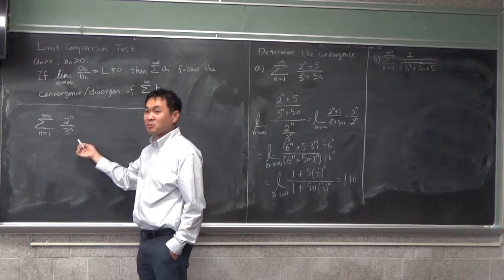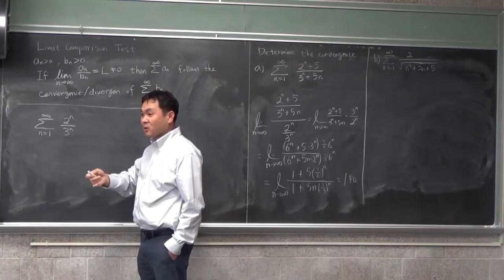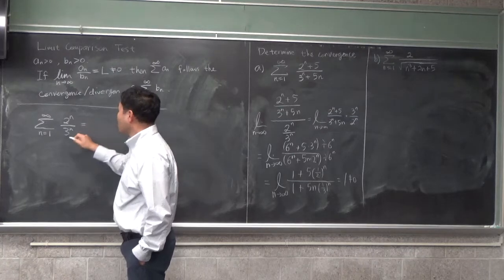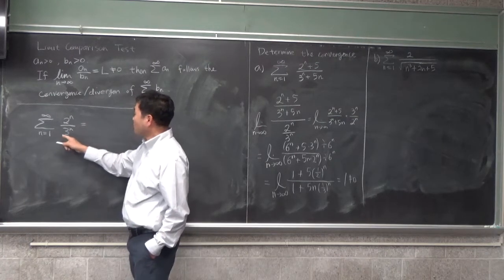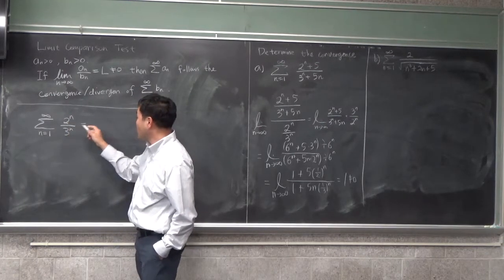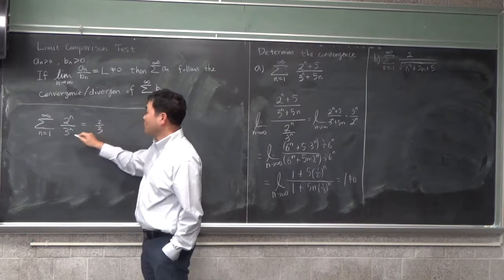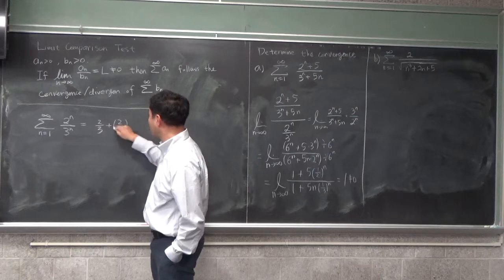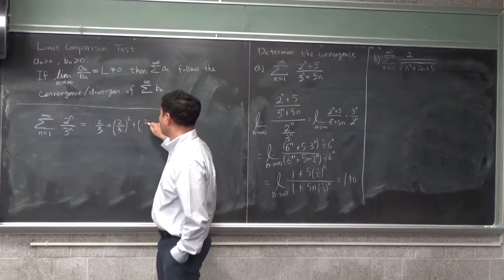Can you see whether this converges or not? Converges. Why? Why does it? Geometry. Yes, that's very good. Okay, so if you are still not sure, you can write them out. If n is 1, that's 2/3. When n is 2, it is 2 squared over 3 squared, which is (2/3) squared. (2/3) cubed.